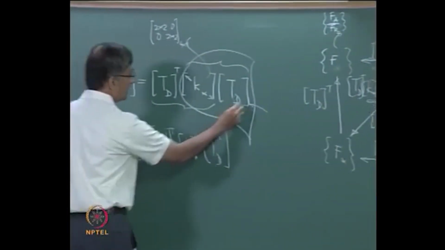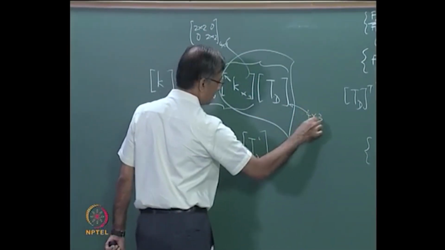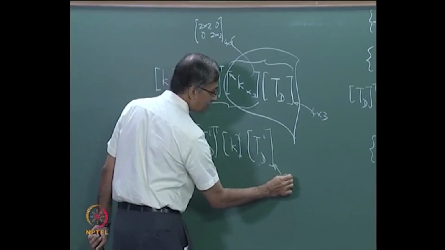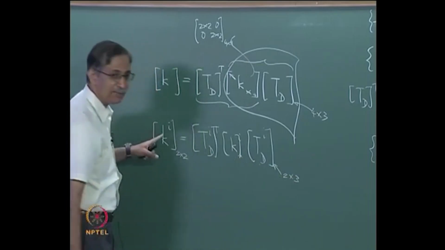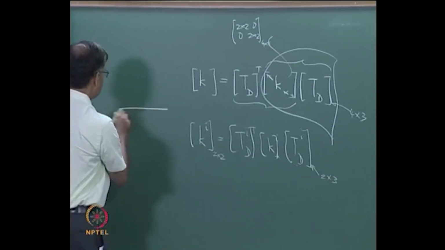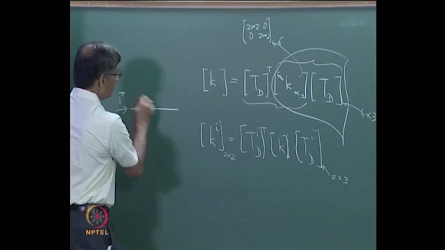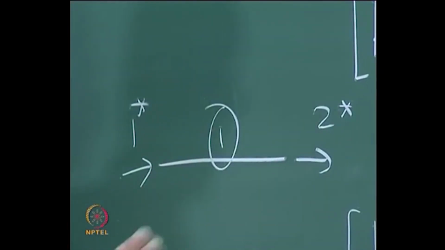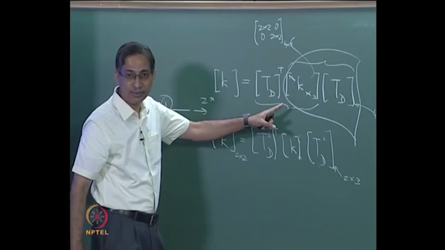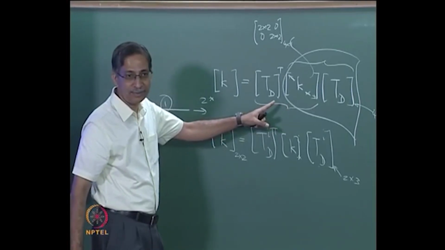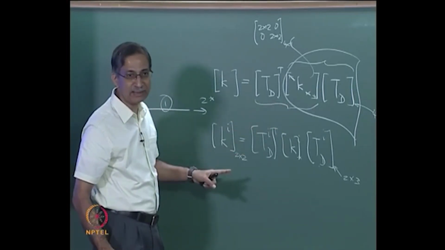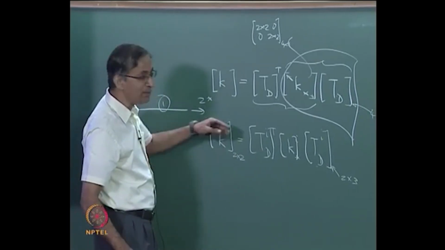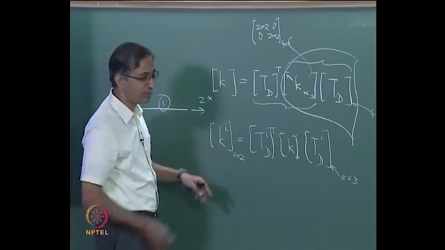So remember, this is 4 by 3, but for each element this will be 2 by 3, because each element has only star 1 and star 2, that's all it's got. You got element 1, likewise you got another element 2. That's how it works. Does it make sense? So you do this and add up the contributions for the 2 elements with the summation sign.